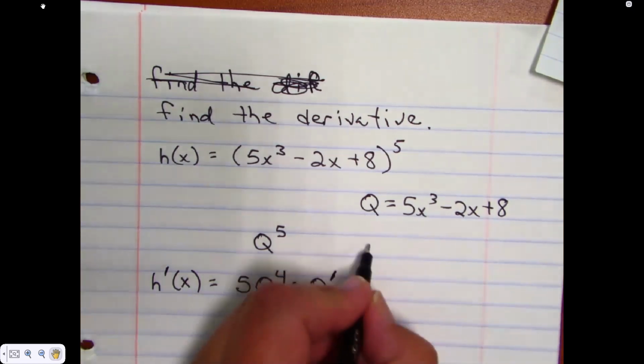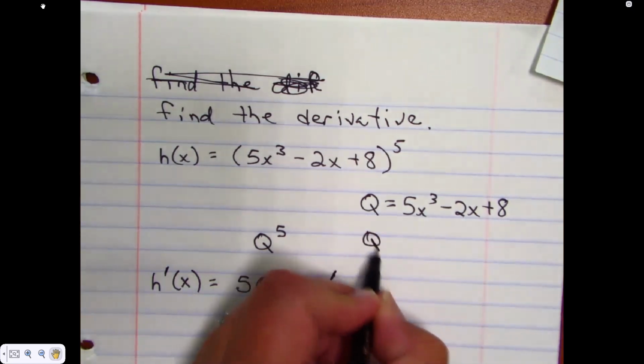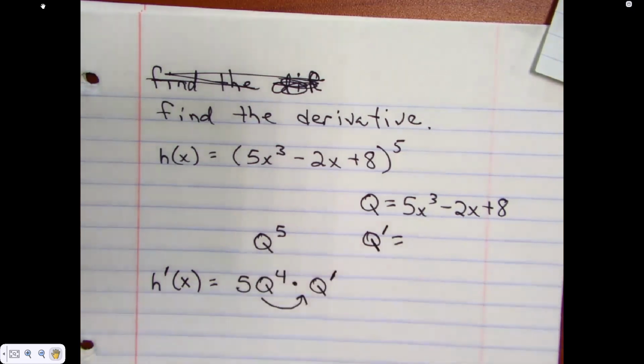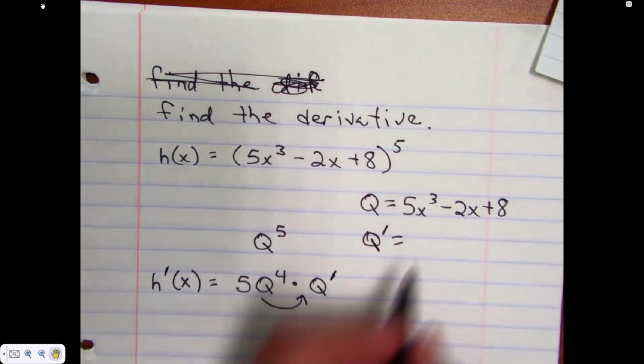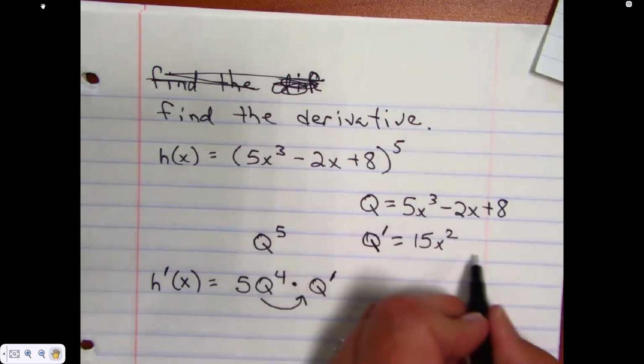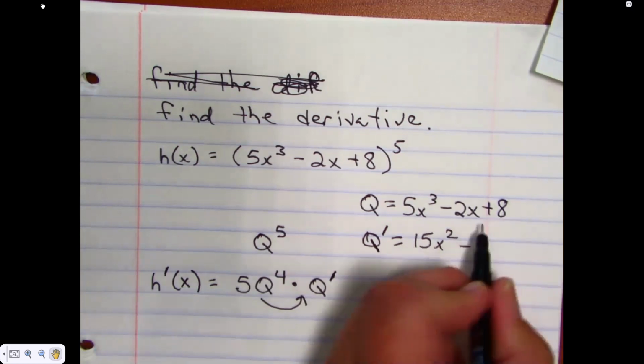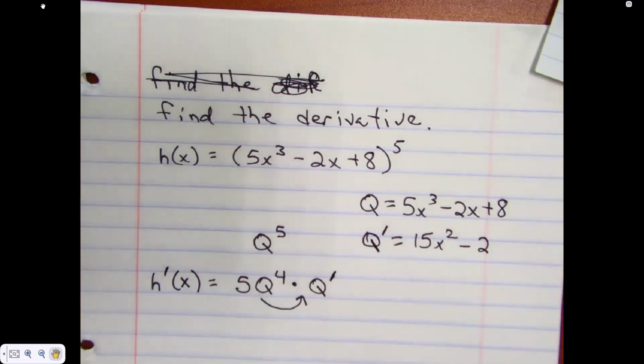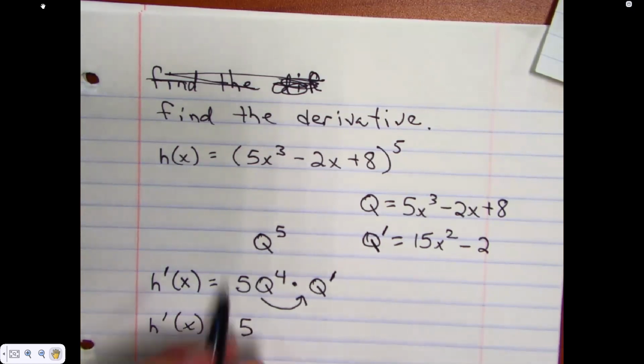All right, and then let's go here. What's the derivative of q? 15x squared, roll it down, subtract 1. Roll it down, subtract 1, that goes to negative 2. And then the 8 goes to 0. And then we've got it all listed here. So now let's just rewrite it one more time. 5, and then q was this whole guy.